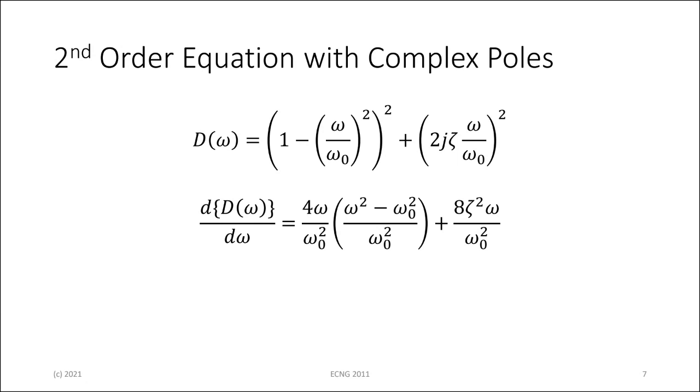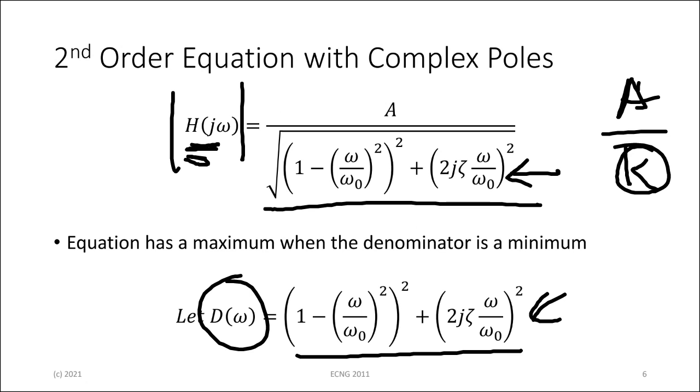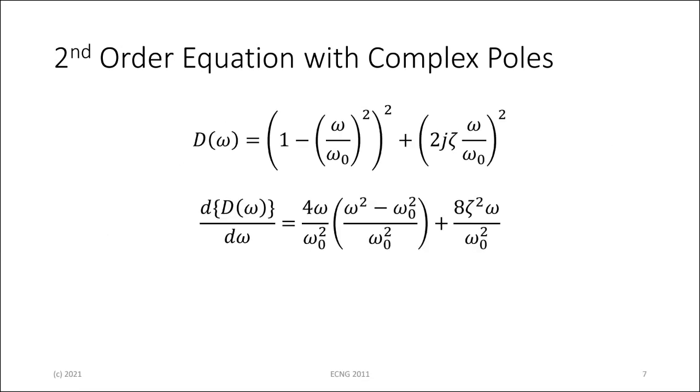The minimum would be when the derivative is equal to 0. So, and there's add maths we're doing now, you call that bit under the square root D. H is a maximum when D is a minimum. When is D a minimum? D is a minimum when the derivative of D is equal to 0.